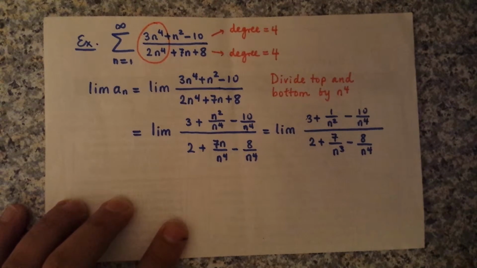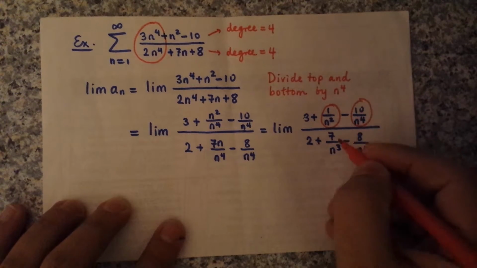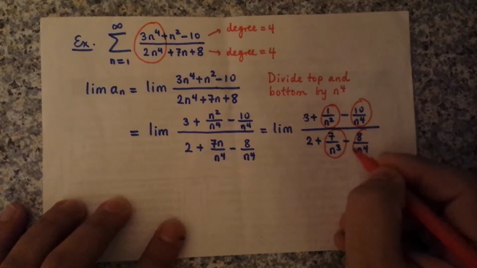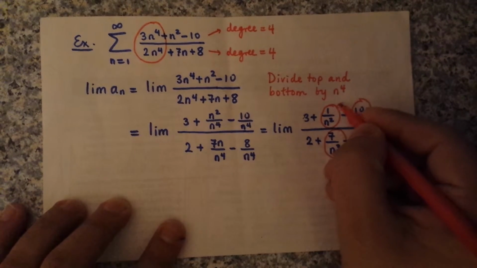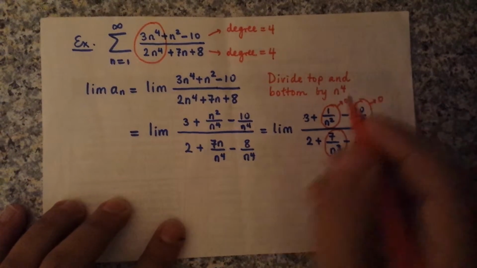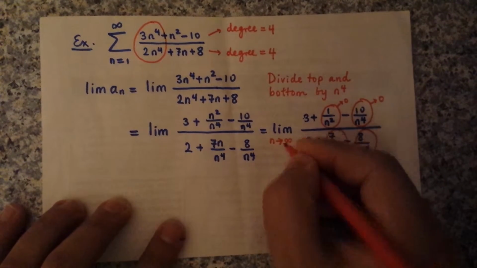See, n squared over n to the 4 is 1 over n squared. So that's what we get. Then 1 over n squared, 10 over n to the 4, 7 over n cubed, and 8 over n to the 4 all go to 0 as n goes to infinity. Of course, we don't write it down, but we mean the limit at infinity.